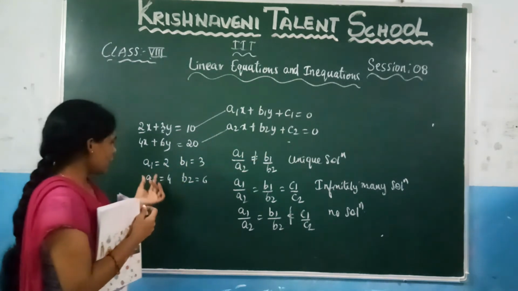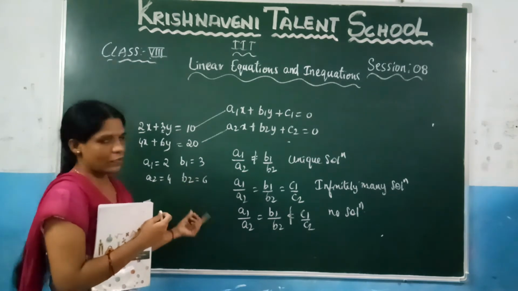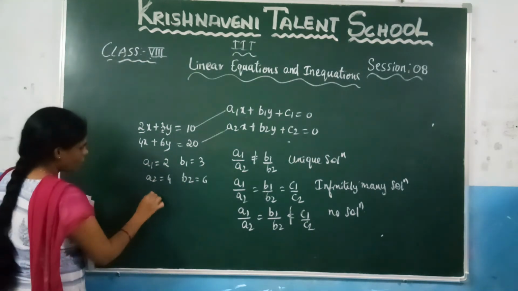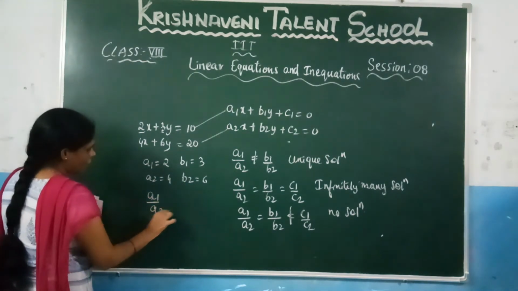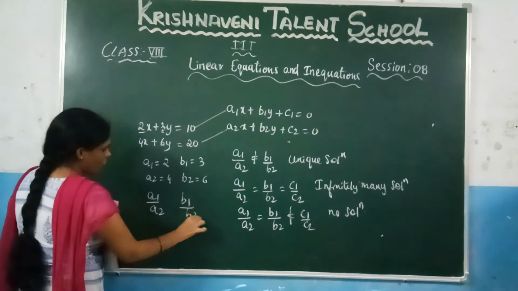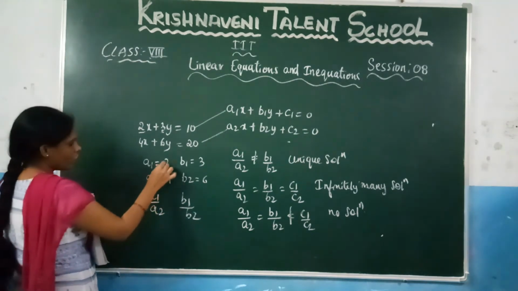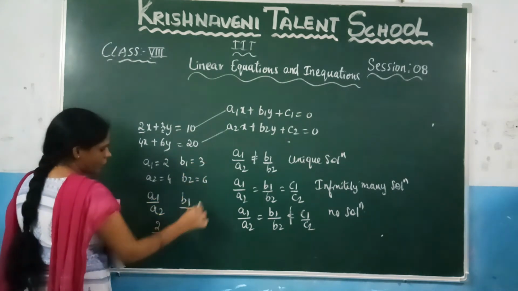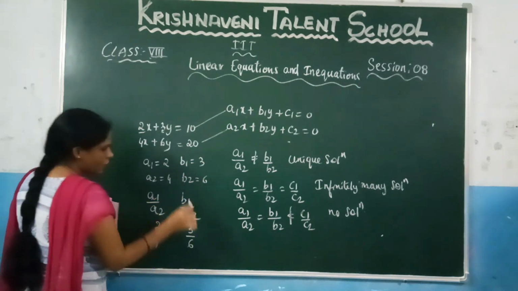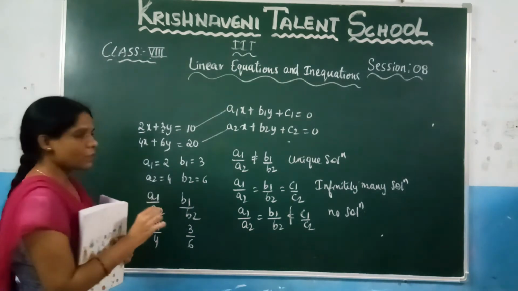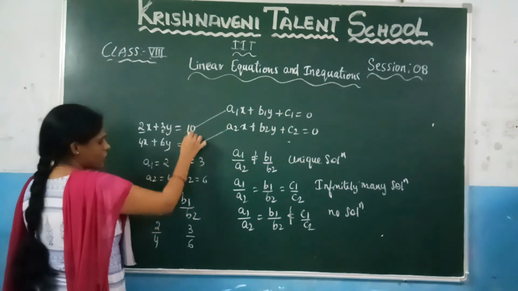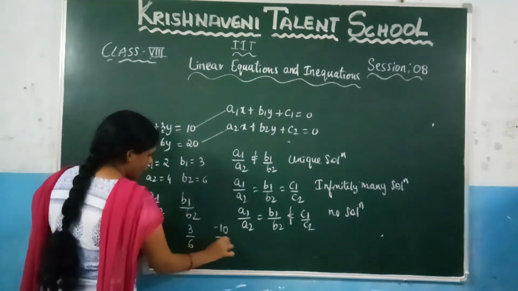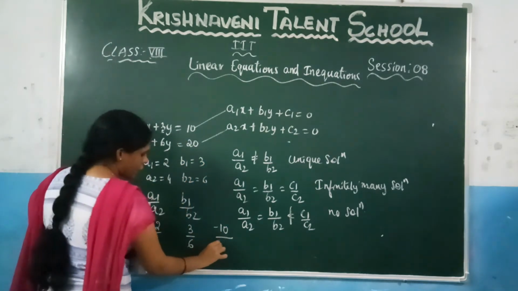Now let us find a1 by a2 and b1 by b2. The value of a1 by a2 is 2 by 4, and the value of b1 by b2 is 3 by 6. Now, what is the value of c1 by c2? c1 is nothing but -10 and c2 is nothing but -20.